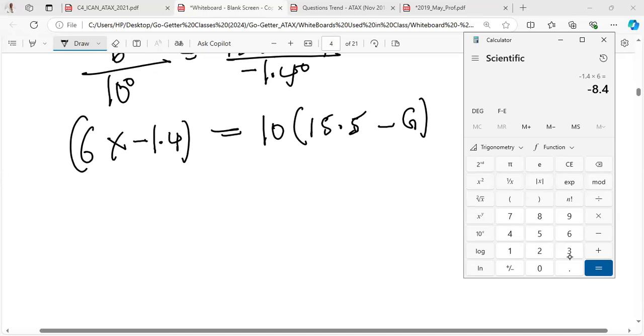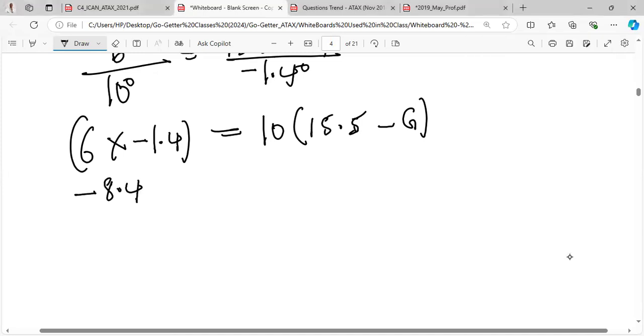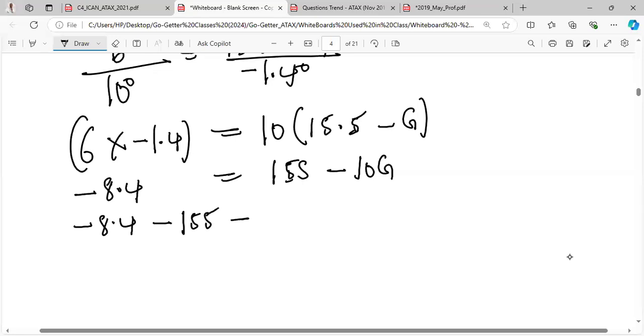While 10 times 15.5 gives us 155 minus 10G. So if this 155 goes the other way, it's going to give me minus 8.4 minus 155 equals minus 10G.